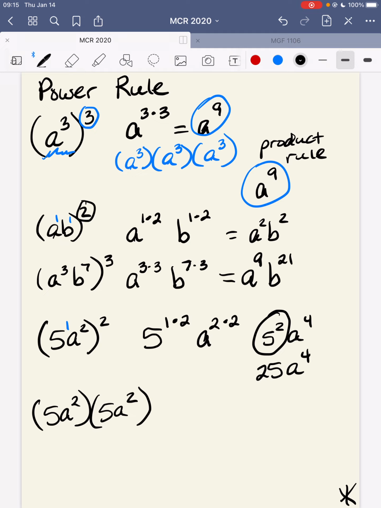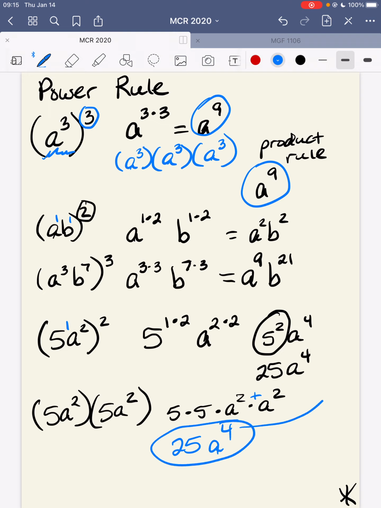So this is 5 times 5 times a squared times a squared. And using my product rule here, 5 times 5 is 25. A to the 2 plus 2 is a to the 4. And I have a match of what I got here.